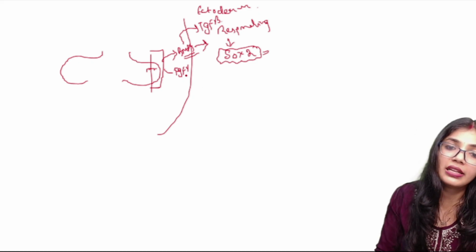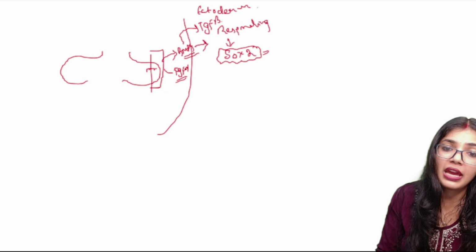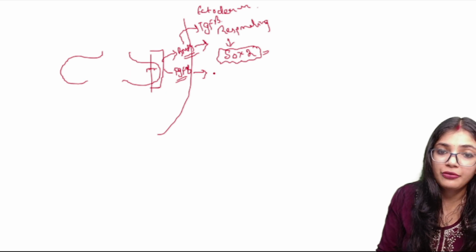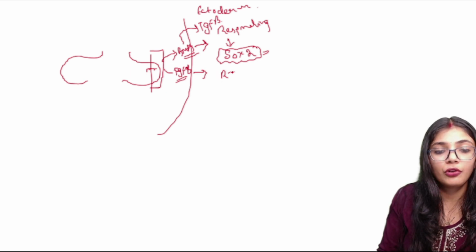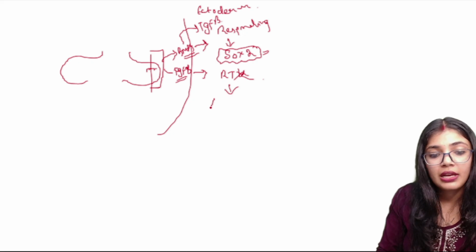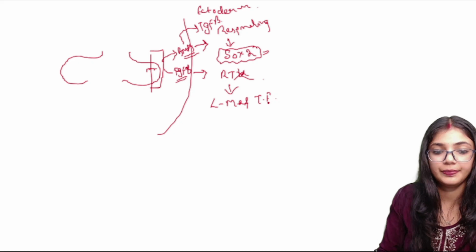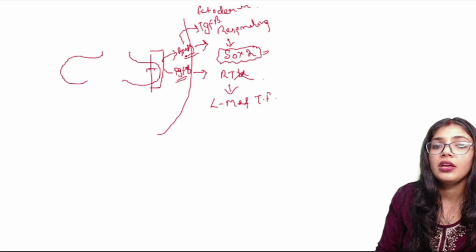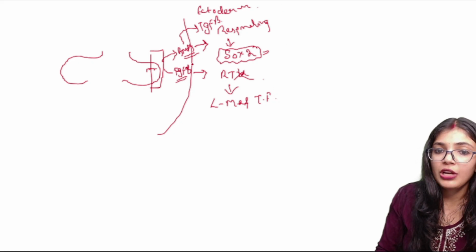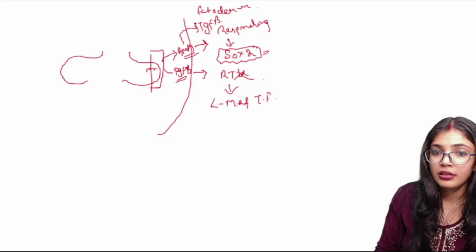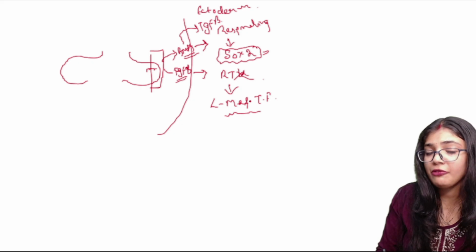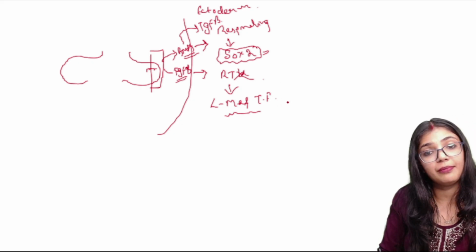The next factor is FGF8. After FGF8 is transferred, it will follow the RTK pathway, and it will give L-MAF. L-MAF is a transcription factor. So after receiving BMP4 and FGF8, the ectoderm responds and gives SOX2 and L-MAF. Why does it give SOX2 and L-MAF?